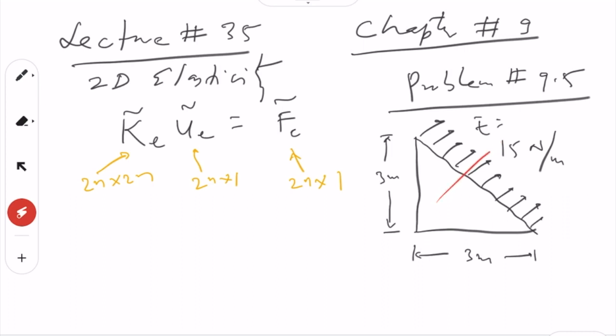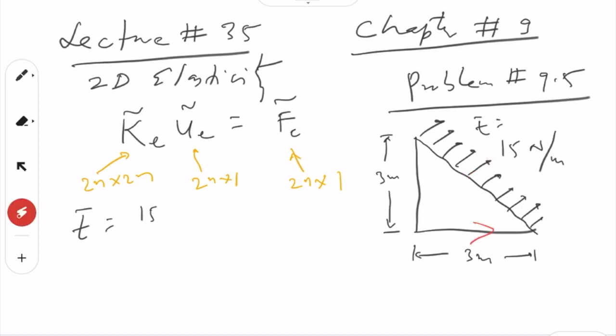So basically we write T bar equal to 15 Newton per meter. However, in what direction is this?